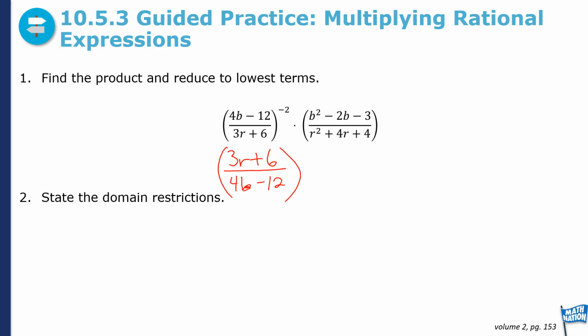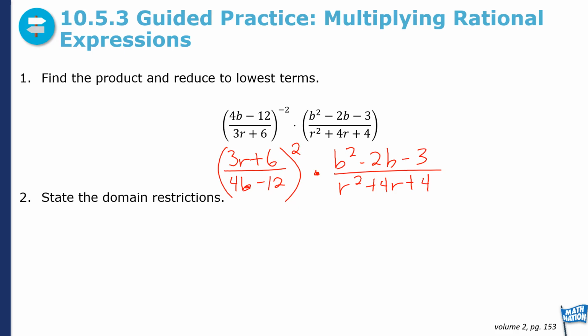Still keep that in parentheses, but now it's a positive 2 for our exponent, times b squared minus 2b minus 3 over r squared plus 4r plus 4.